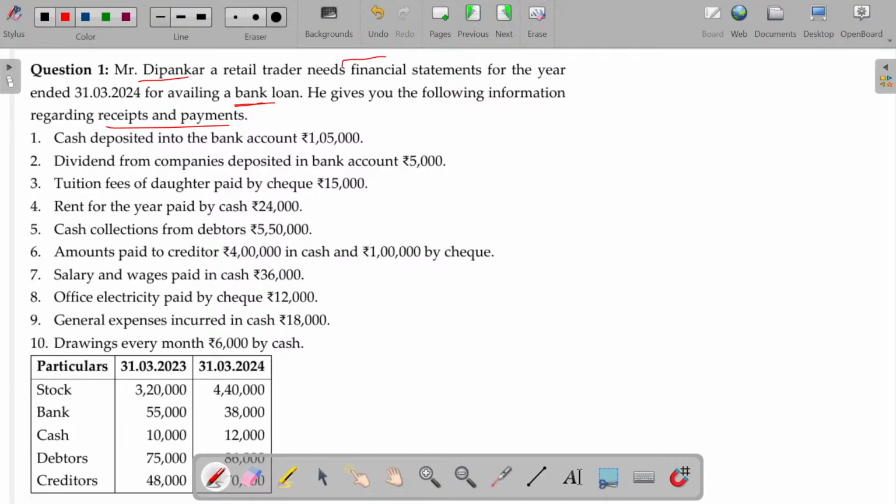So you have to prepare the full financial statements: trading, P&L account, balance sheet, as well as opening statement of affairs, as well as closing balance sheet. All you have to prepare.